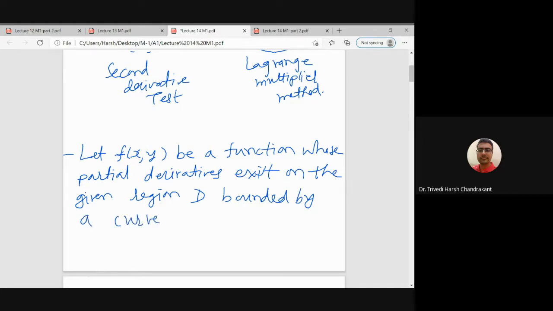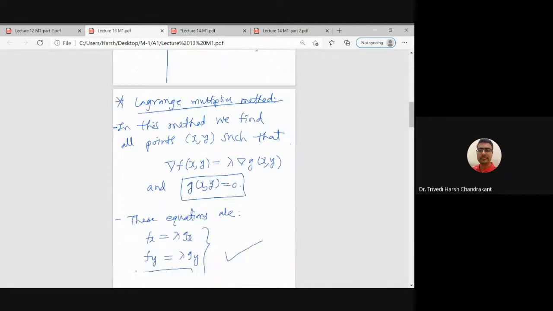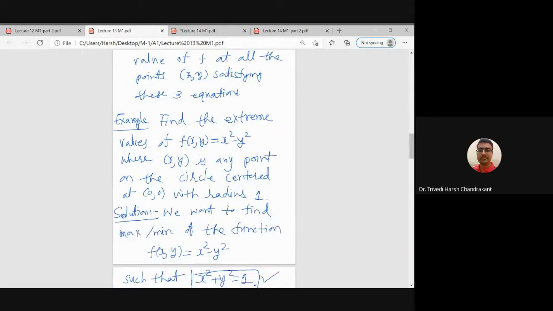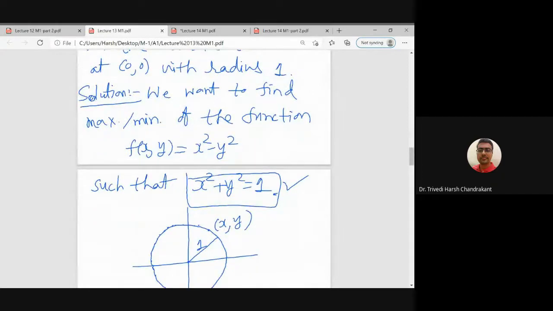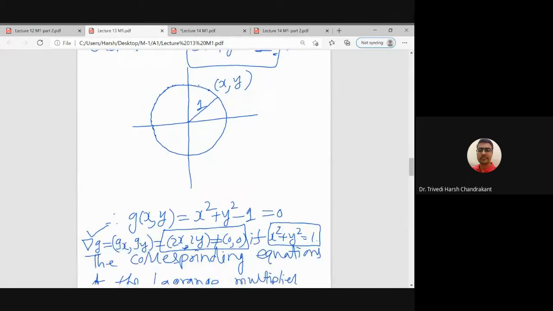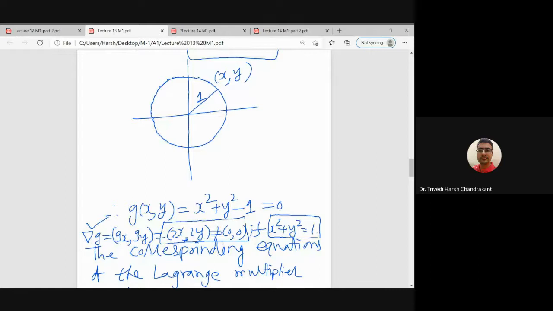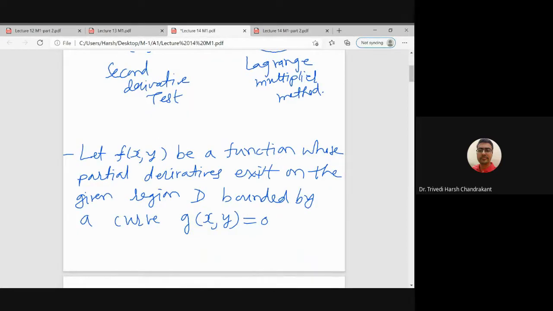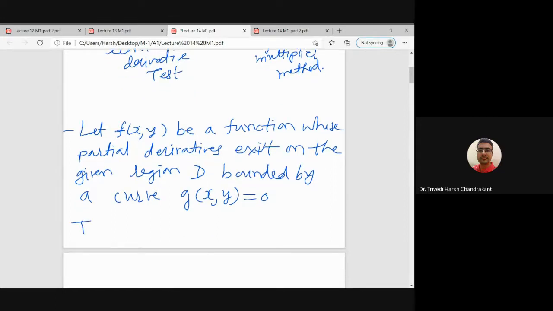The equation of that curve we are denoting by g of x y equals 0. In the last lecture we have seen that whenever we have such an equation, x squared plus y squared equals 1, that is a unit circle, and the equation itself is g of x y equals 0 in this form. So that is the boundary curve of this given set.